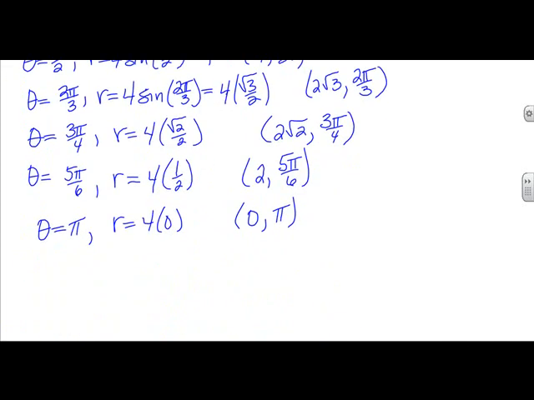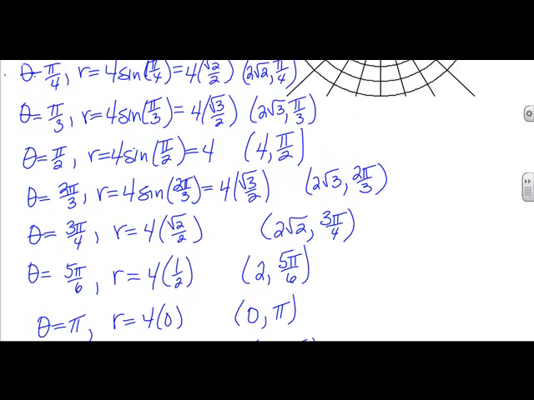7 pi over 6. The value of r would be 4 times negative 1/2, which gives us (negative 2, 7 pi over 6). So if I plot that point, 7 pi over 6 is here.